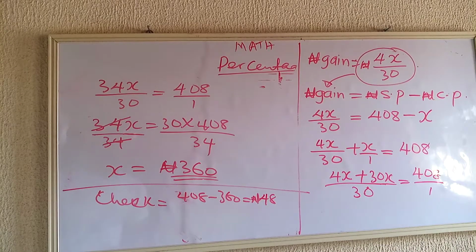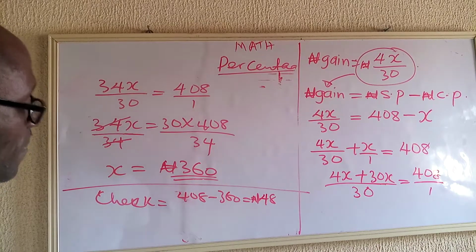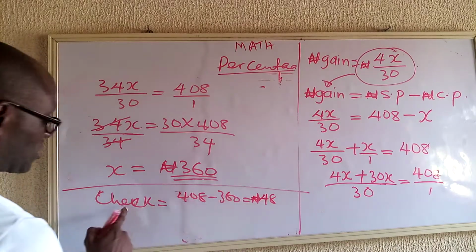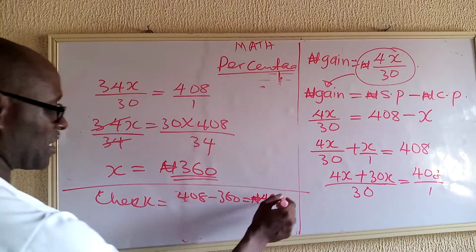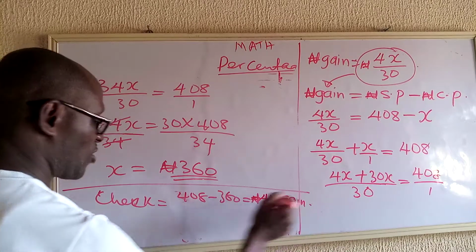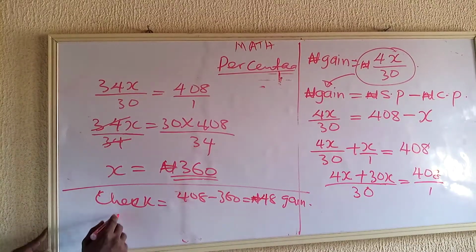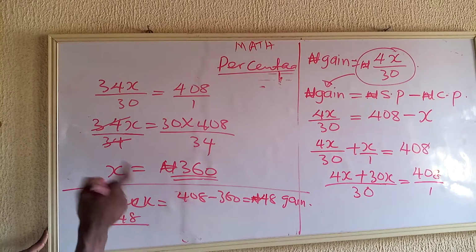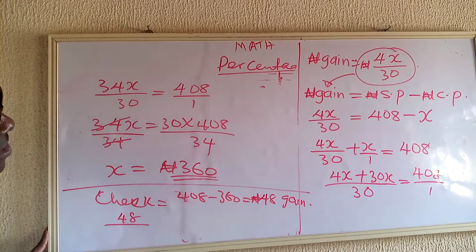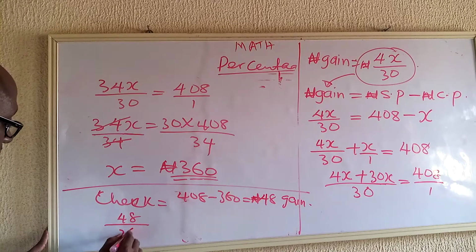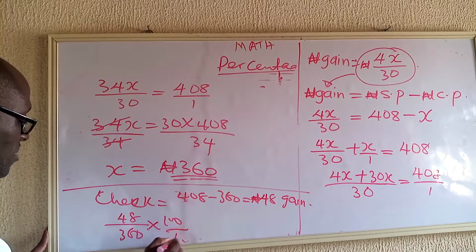48 naira. So 48 naira is what? Is the gain in naira now. Gain in naira. So if you convert it to percentage, it must give us 13 1/3. That will be 48 over the cost price, which is what? 360 times 100 over 1.